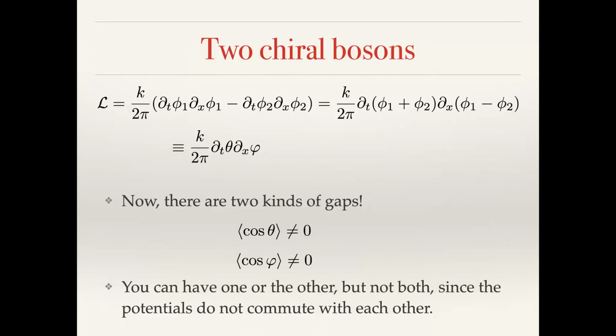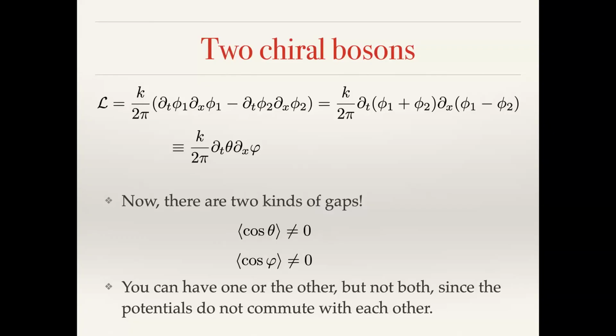Okay. What if I have two chiral bosons? So here's a theory with two chiral bosons. I've got a phi 1 and a phi 2. And importantly, I've put a little minus sign here. And when you put the minus sign here, I can actually write this action in terms of a time derivative of the sum and a space derivative of the difference, okay?